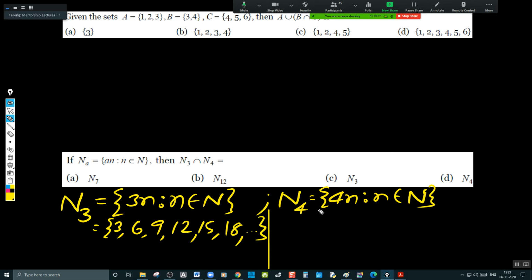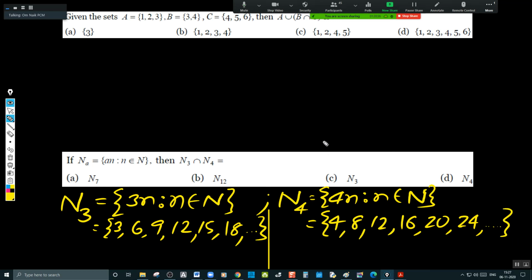I hope you understand what I'm writing. Every one of you respond. Now you tell me for this one: 4n. 4, 8, 12, 16, 20, 24, etc. Correct or not?